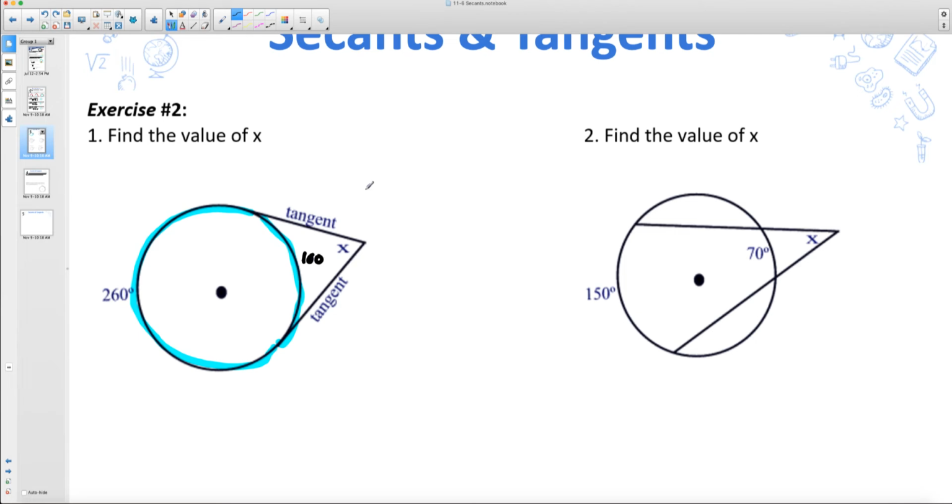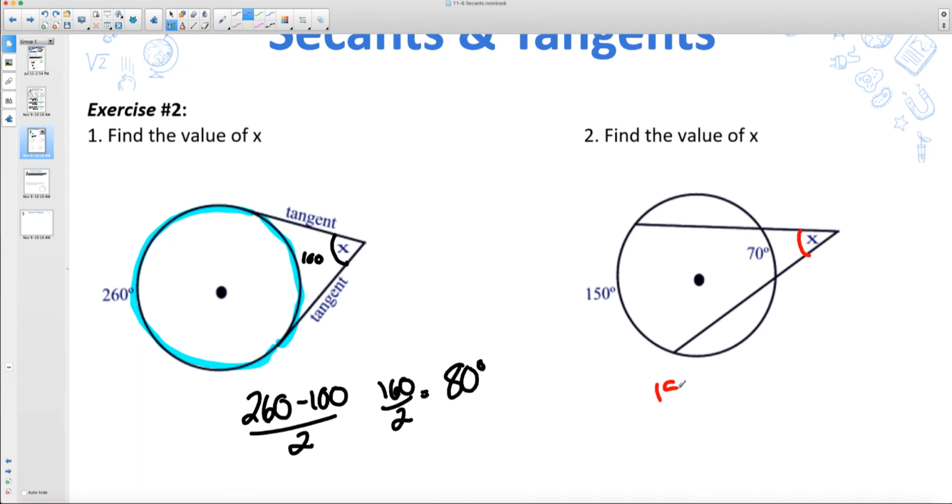Now that we have both arcs, we can do arc minus arc divided by 2, and that gives us our angle. So that's going to be 160 divided by 2, which is 80 degrees. Our next one, we have 2 secants, and we have an angle outside. So subtract our 2 arcs that are intercepted, 150 minus 70, and then we'll divide that by 2. So 80 divided by 2, that's going to be 40 degrees.